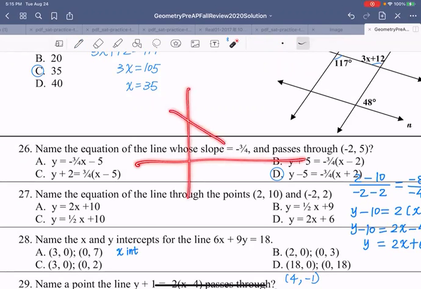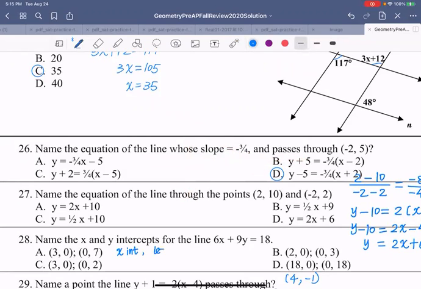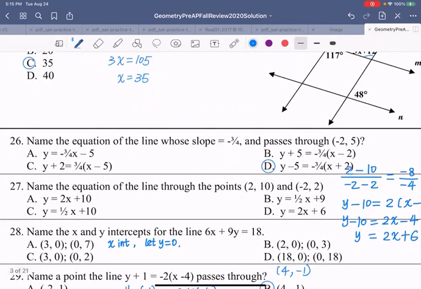The y value is 0, so you make y equals 0, okay? Let y equal 0. Then 6x equals, I mean 18. X equals? 3. There you go.